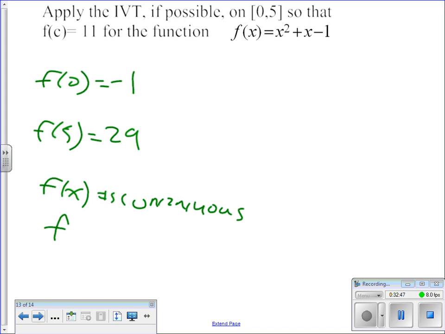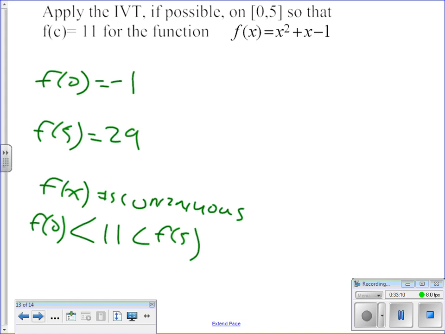11 is between f of 0 and f of 5. It's between those two. I've met my conditions.